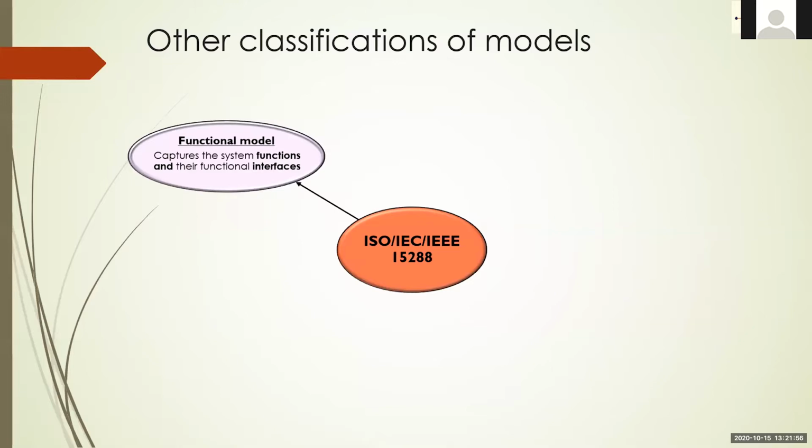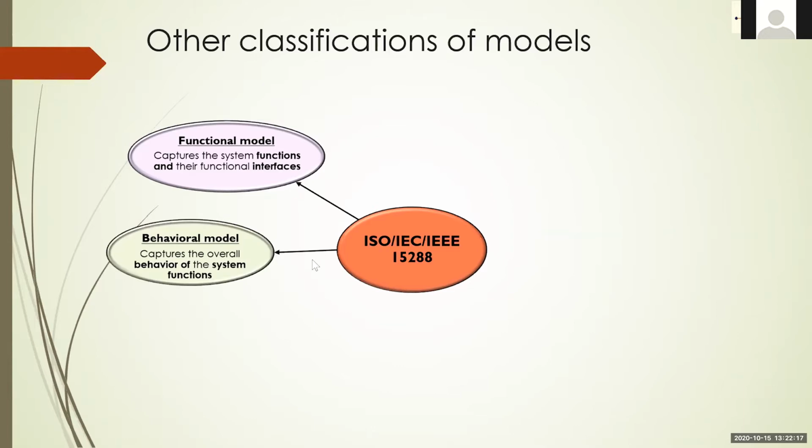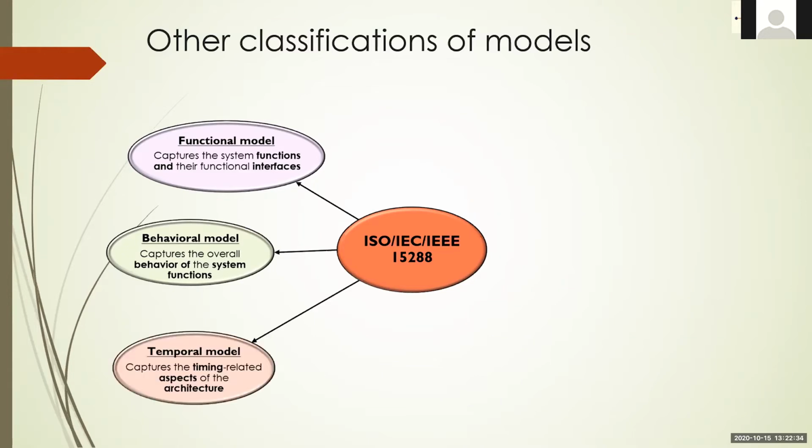Now, on another classification, this is from the standard 15288 for software and system lifecycle processes. They talk about functional models, and here we care about the different set of functions that a system can do and the interfaces that they may have. They have behavioral models when we may care, for example, about the state transitions, or the sequence in which the events are sent, or we might be talking about Petri nets, another behavioral model.